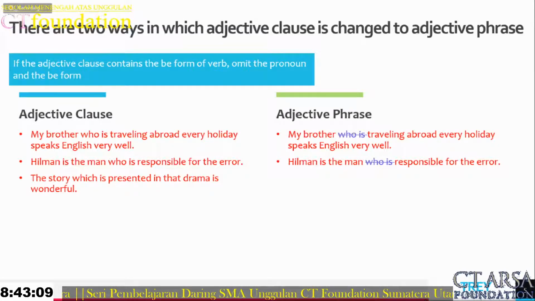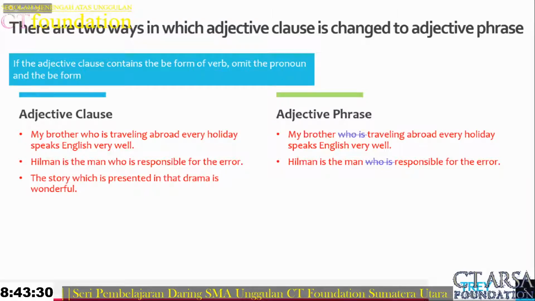The verb is be, so we don't need the relative pronoun and we don't need the "is." So: Hilman is the man responsible for the error. The meaning is similar. You got it? Very simple, right?